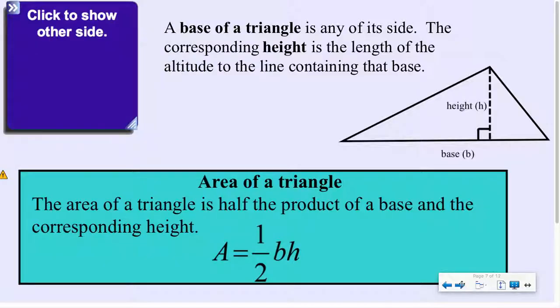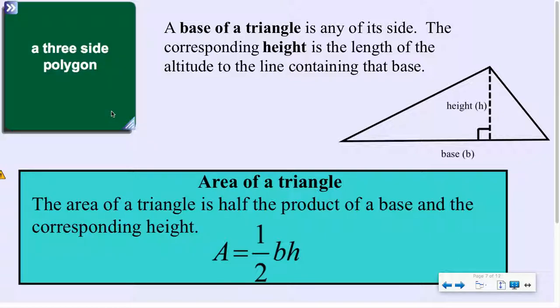Cool. To triangles. Remember way back in chapter 3 and 4 and 5 and 7, triangles are a three-sided polygon. We have different types of triangles. We have equilateral ones, isosceles, scalene. It doesn't matter what type of triangle it is. To find its area, it's 1/2 base times height.